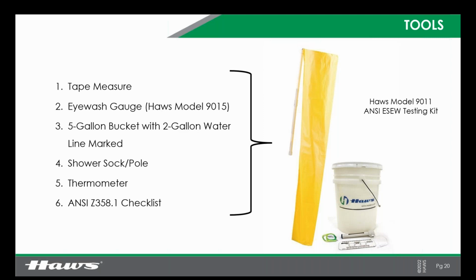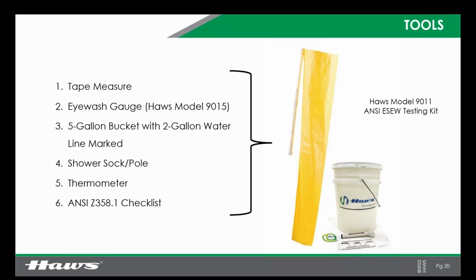They gave us the design. They said, make this. It is based on average human anthropometrics to make sure it's going to meet eyes. Every manufacturer has some version of this little gauge. You need a 5-gallon bucket with the 2-gallon water line marked on there really clearly so that you can test how much water is coming out of the unit.